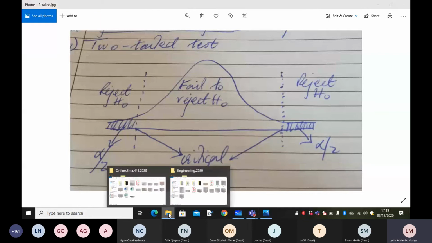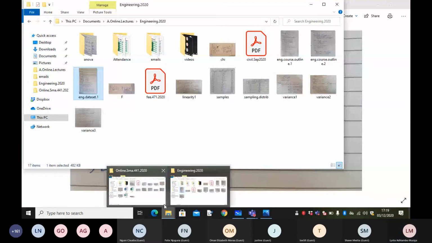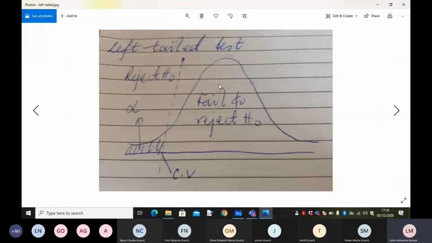What happens for a left-tailed test? This is how a left-tailed test's rejection and non-rejection regions look like.